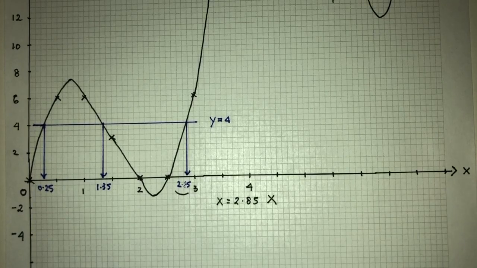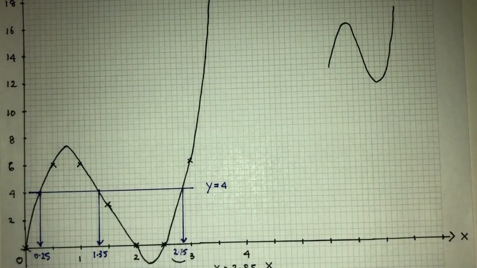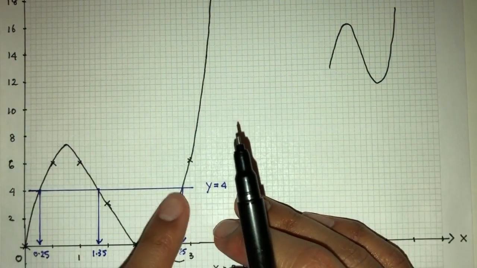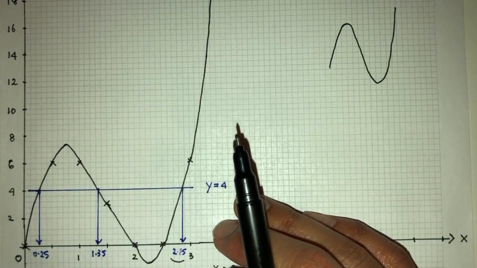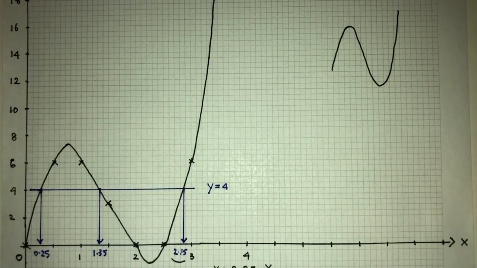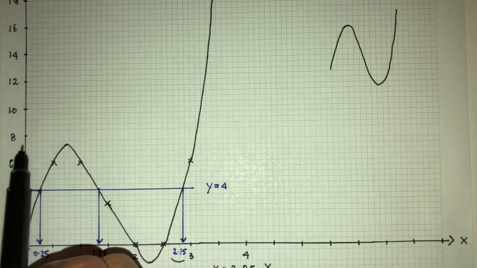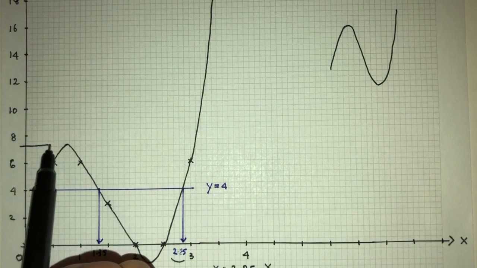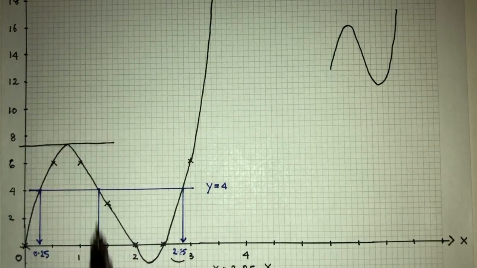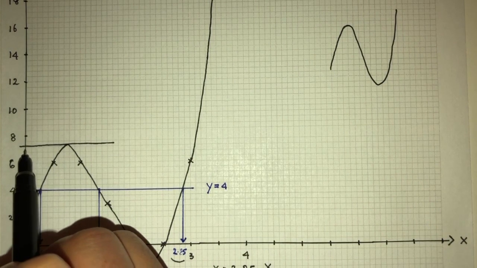So we have to ignore this side past the graph. So our graph will be only between these points. Now, between those points, where is the maximum volume? By observation, you can see the maximum volume has to be somewhere here, right? According to my graph, for me it shows to be about 7. This is 7 here.